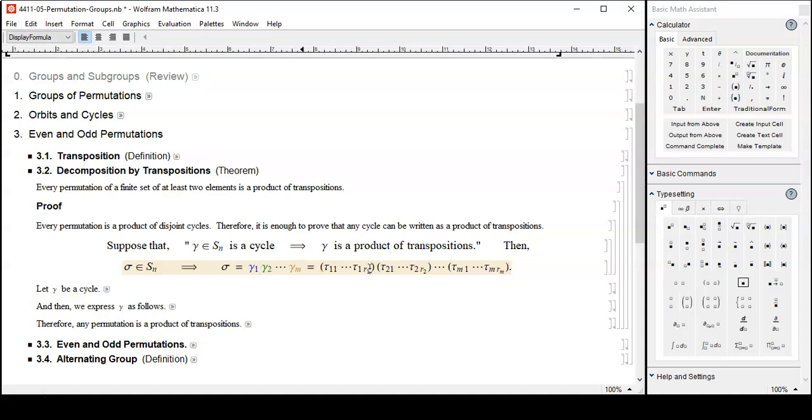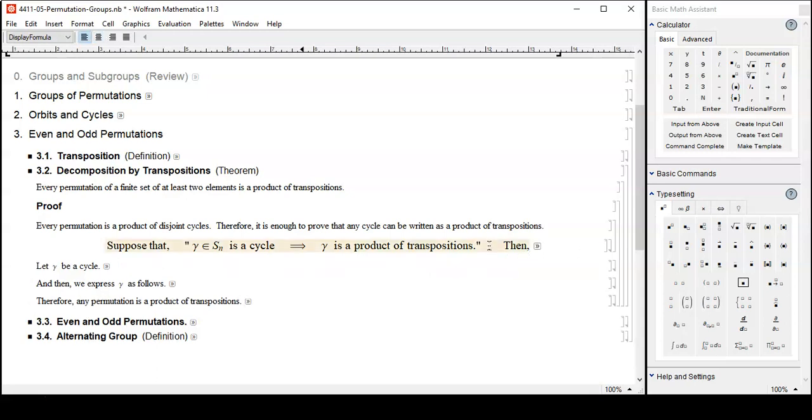Each cycle is a product of transpositions, like this blue bunch, this green bunch, and these brown bunches. Then put everything together. What do we have? The starting permutation is a product of transpositions. So this is enough. That's what we are going to prove.